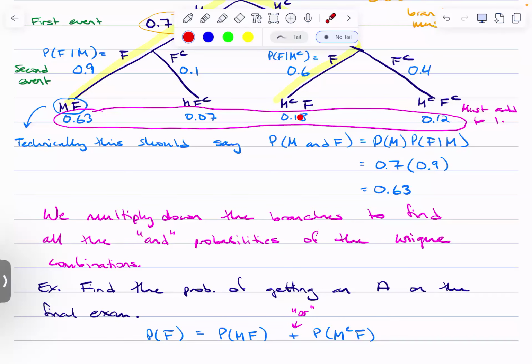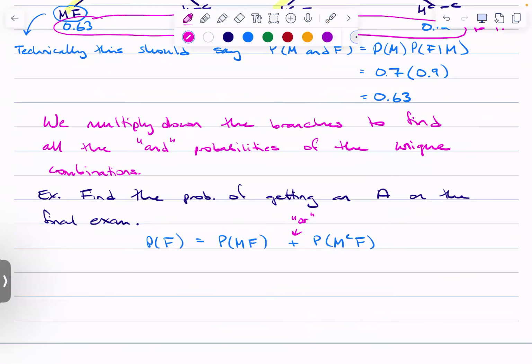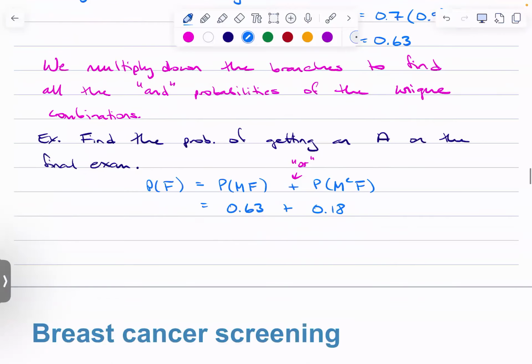Okay? And so if you've done the work and you've got all these probabilities written down, then you can just go ahead and grab them from the tree, right? 0.63 plus 0.18 is 0.81.